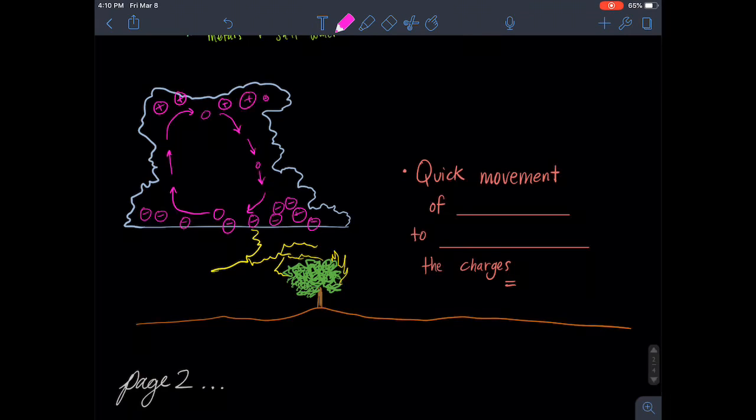So we end up creating our own little electric system here where the positives are in one side and the negatives are in another. And again, you should start to see that we have an overall positive in the top, an overall negative charge in the bottom. And so those negative charges, sometimes they'll jump back up and the electricity will go back into the cloud or another neighboring cloud.